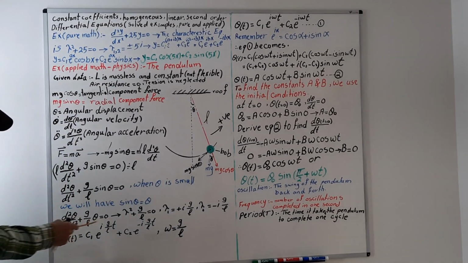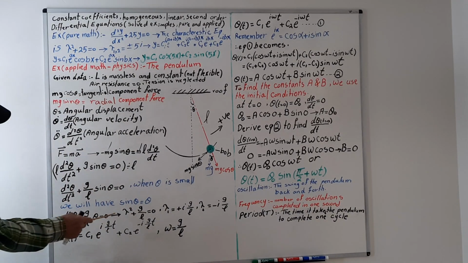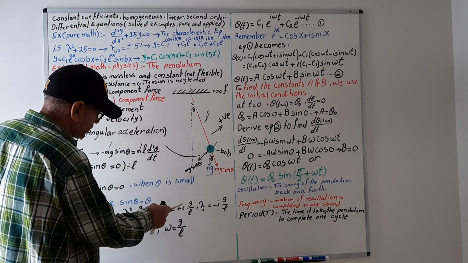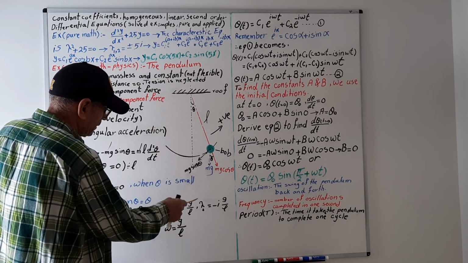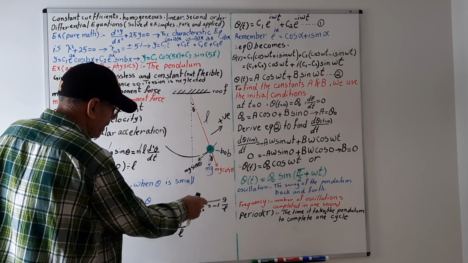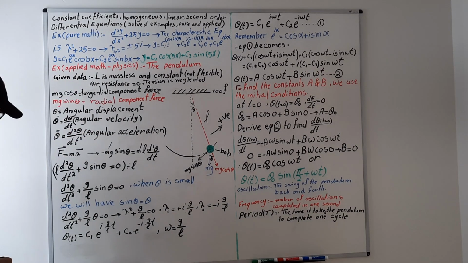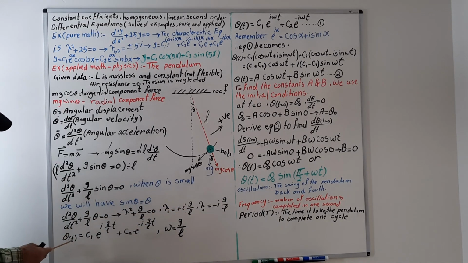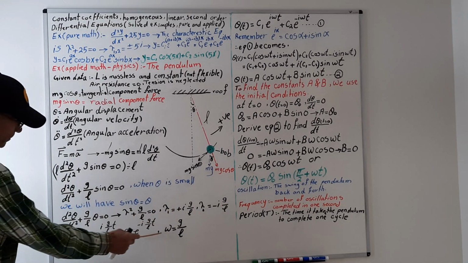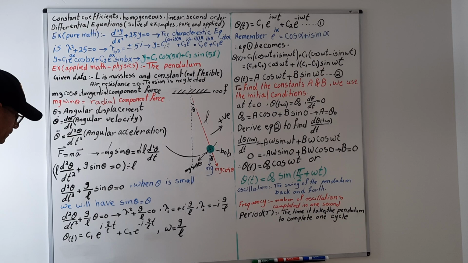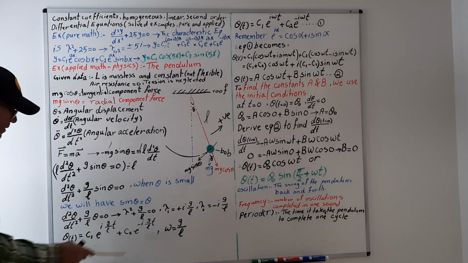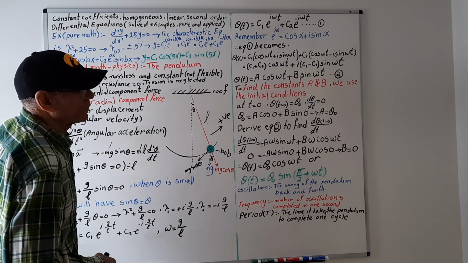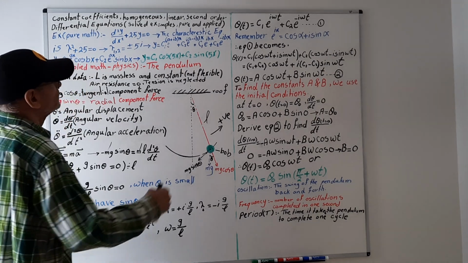Here is our equation. We find the roots: lambda 1 equals plus i root g over L, lambda 2 equals minus i root g over L. And the solution to this equation is theta of t, this one. This is the angular frequency, omega, which equals 2 pi f.